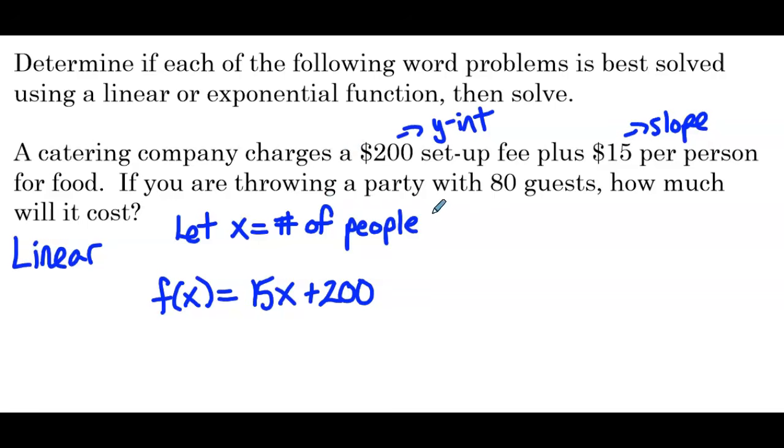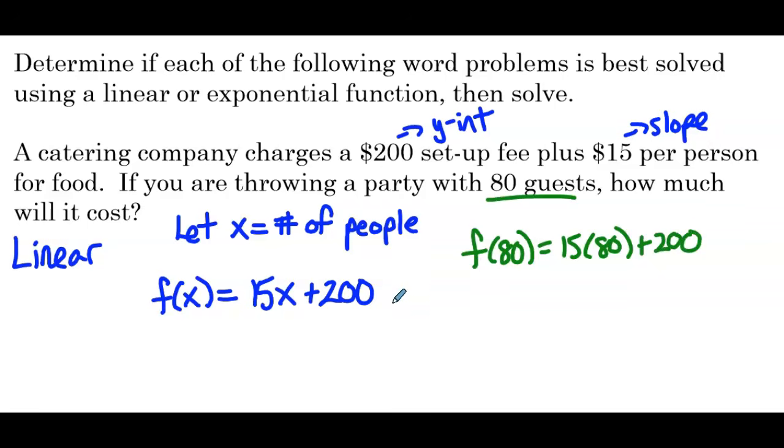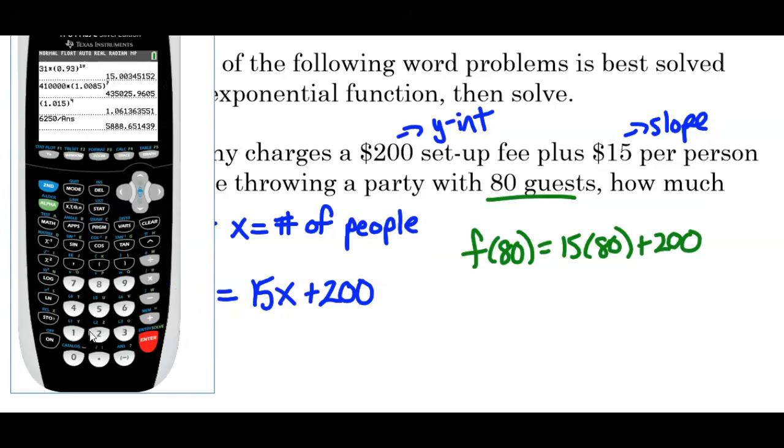And now we need to use this to determine how much it costs for 80 guests. So f of 80 equals 15 times 80 plus 200. So let's use our calculator here just to make sure we don't make any mistakes. So 15 times 80, that's 1200.